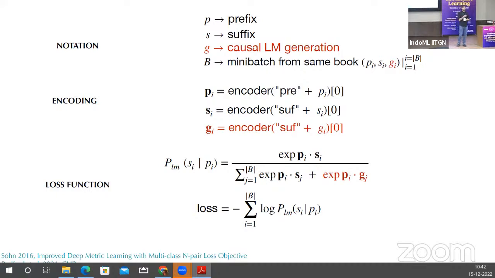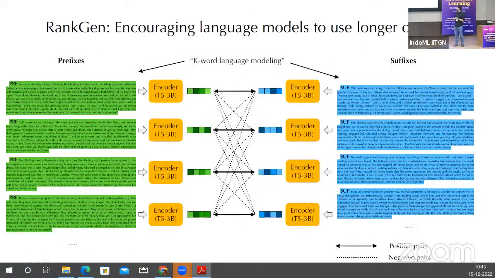We take the prefix, feed it to GPT-3, and it generates some text. We know it likely has hallucinations and other artifacts, so we treat this as a negative and force RankGen to disprefer these model generations over the gold next continuation. So you can train this at scale with large in-batch contrastive learning. Going back to the training objective, this is kind of equivalent to something like K-word language modeling, and instead of just next word prediction, now we're predicting the next sequence.